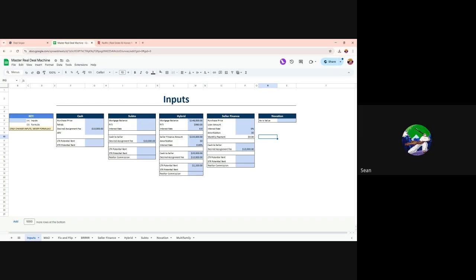If it's a light to medium rehab, it's going to be about $40 to $45 a square foot. If it's a medium to heavy rehab, it's about $50 to $55 a square foot. If it's a full gut remodel, it's about $65 a square foot and up, depending on what's wrong with it. So let me ask you this: how much of the house is burnt?